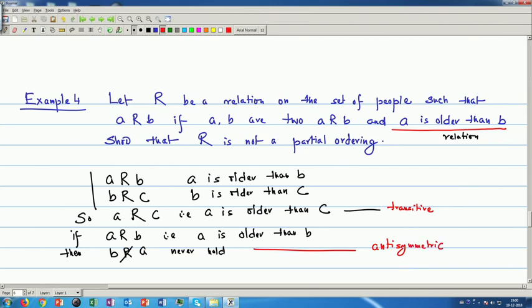But see that A is older than B. So, A R A, that one person can never be older than himself or herself.